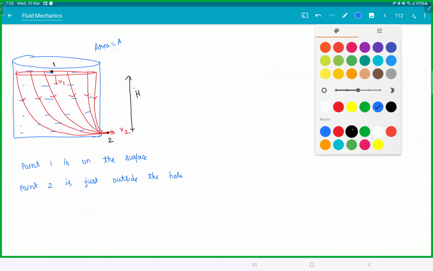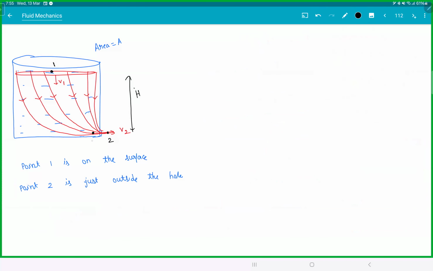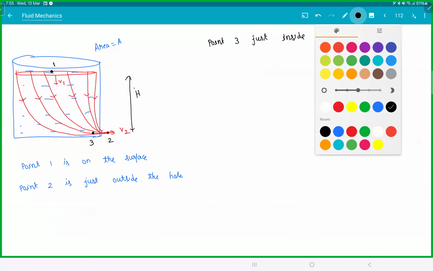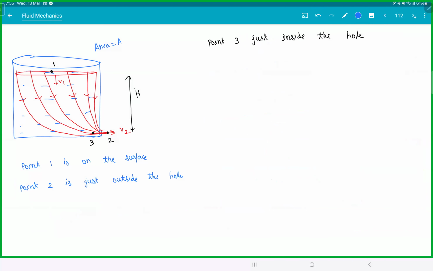Suppose I take a point 3 here, just inside the hole. Can I apply Bernoulli between 1 and 3? Can I solve the problem taking 1 and 3 instead of 1 and 2?